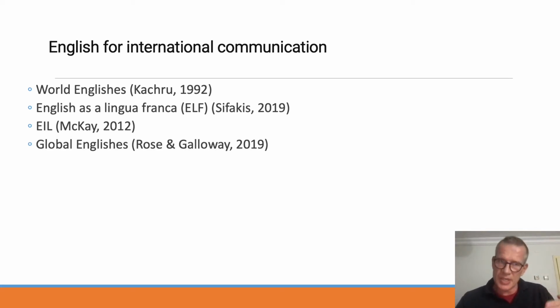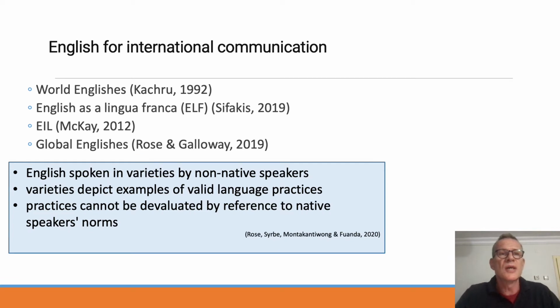Despite some differences, what all these conceptualizations have in common is the appreciation that English is spoken in varieties by non-native speakers, that these varieties depict examples of valid language practices, and these practices cannot be devaluated by reference to native speakers' norms.